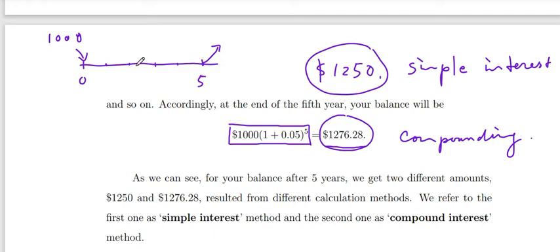So I just check, along this time period, what is your interest? 1 year is 50, so 5 years is 250, right?